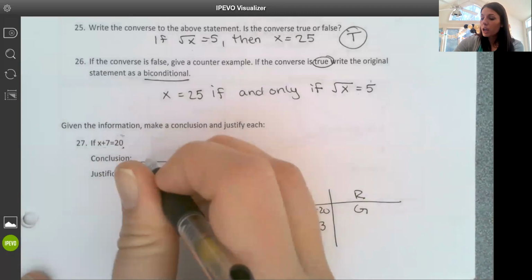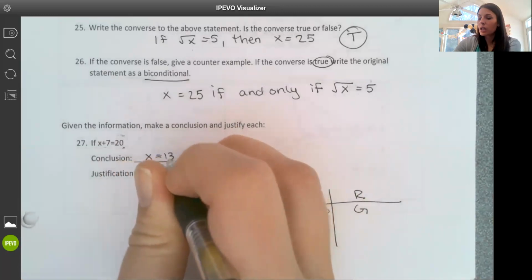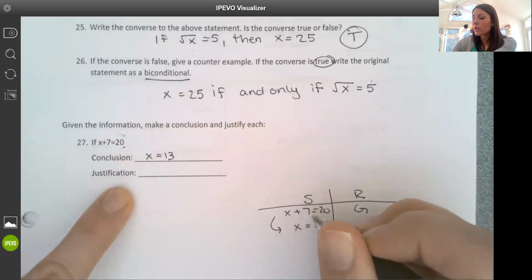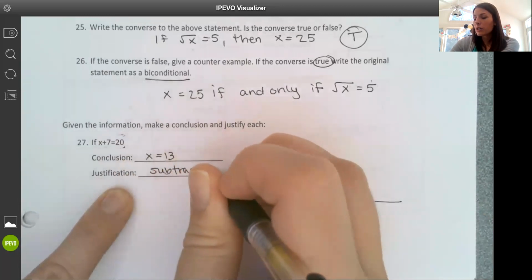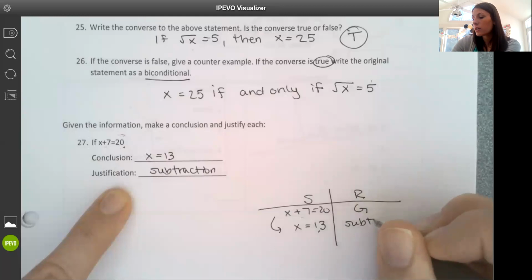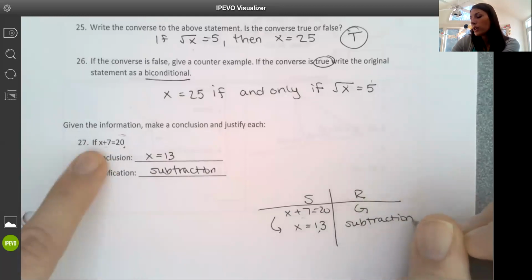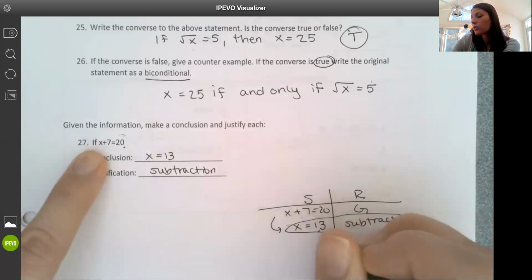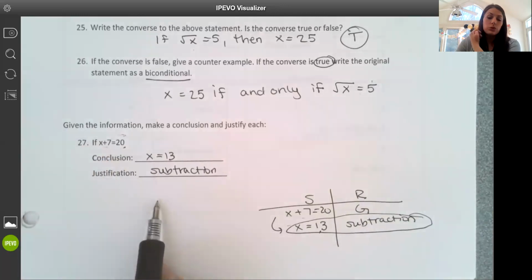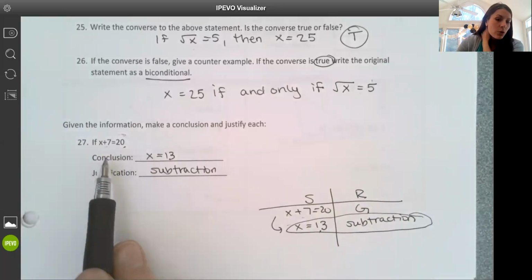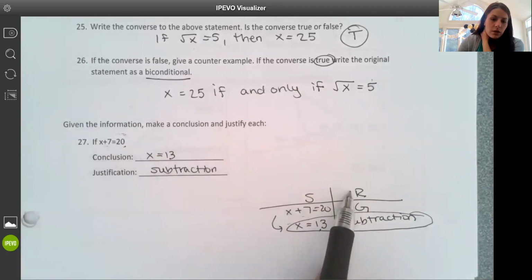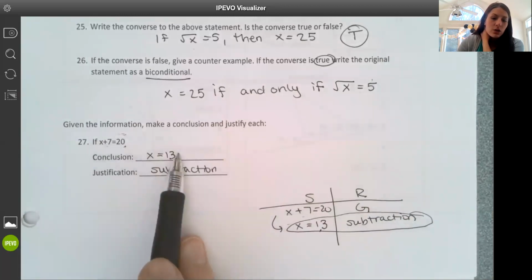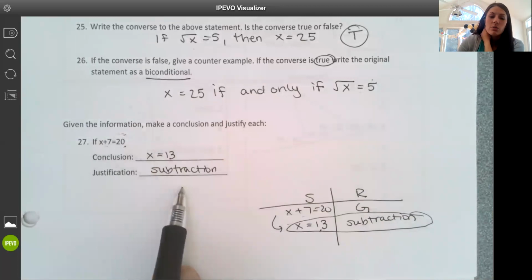Okay, so if this was true, my conclusion would be X equals 13, and my justification would be subtraction. Okay, so it's really saying, given this, what would be the next row of your proof? That's what it's asking for here. Conclusion, meaning statement, justification, meaning reason. Okay, if this is true, then I can conclude this because of subtraction. I subtracted 7 from both sides.